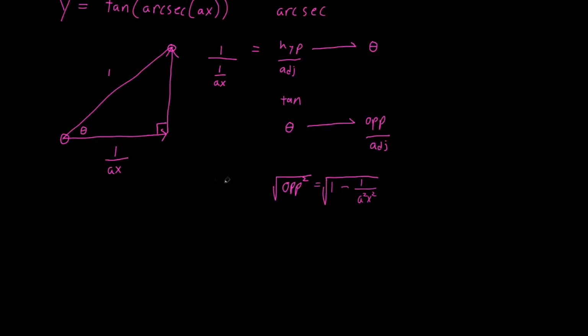Since negative distance doesn't mean anything, the x's can be negative, and that just means you're moving a positive distance in a negative direction. So it's absolutely fine to take the principal square root. We don't care about the negative root because that's talking about a negative distance. So we have the opposite side is equal to the square root of 1 minus 1 over a squared x squared.